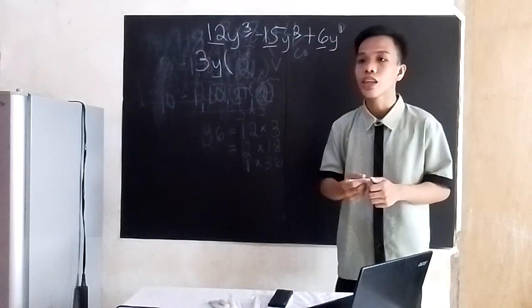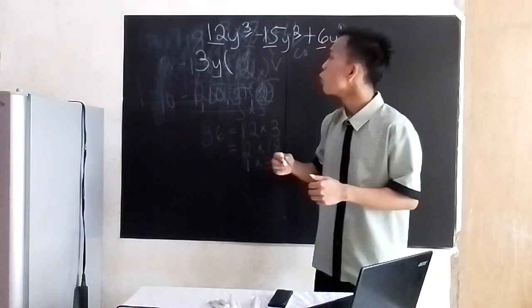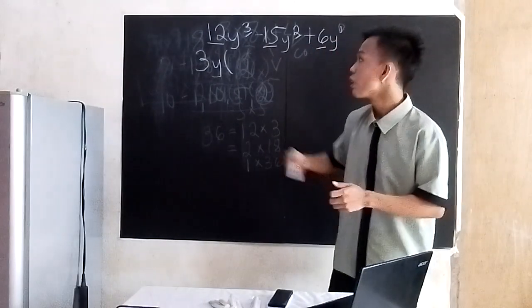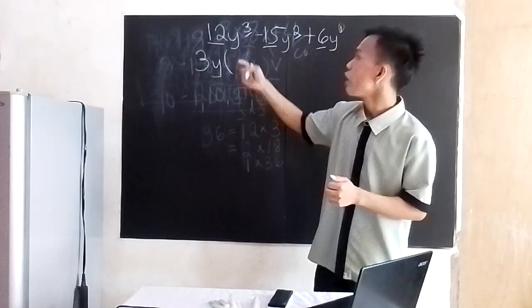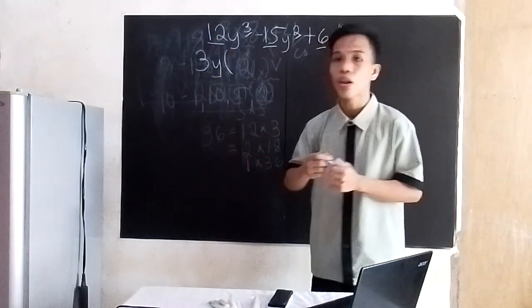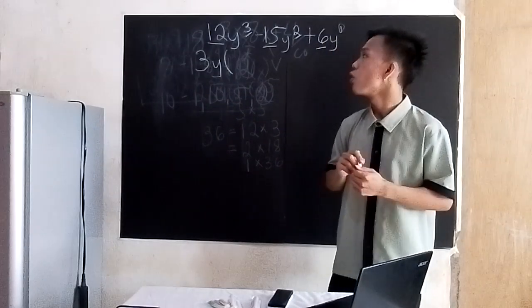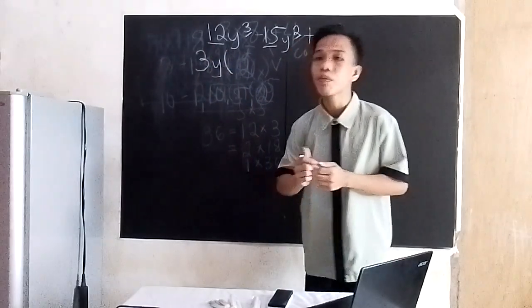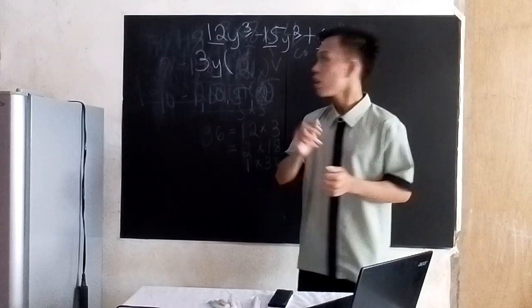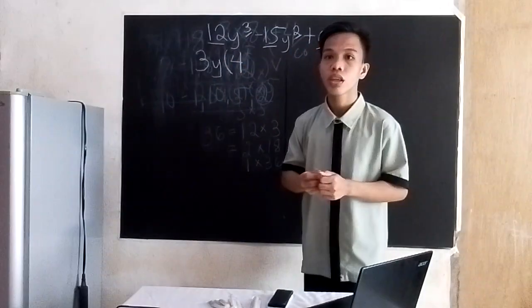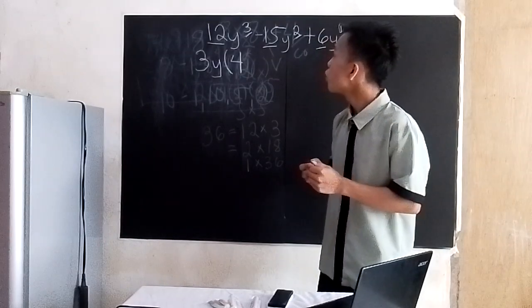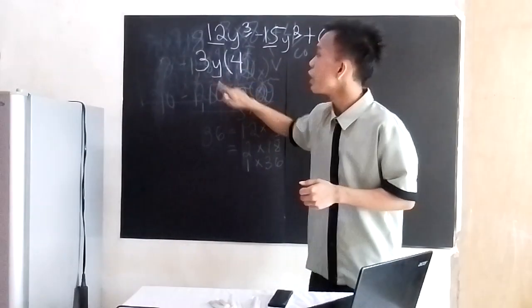The next process is we are going to divide coefficient to coefficient and variable to variable. So what is 12 divided by 3? That's right, so that will be 4. Next, what is y cubed divided by y?